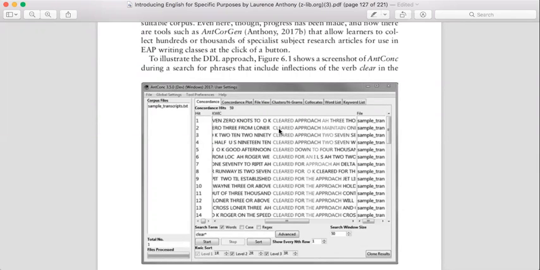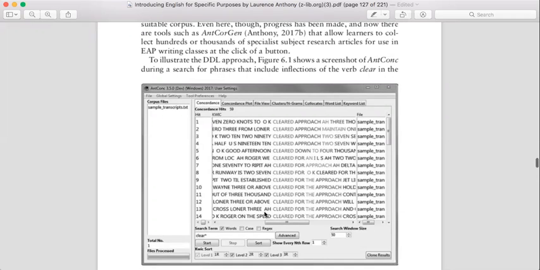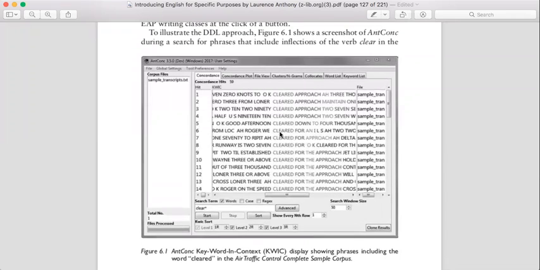So this is the sample taken from air traffic control, and this is their corpus that you have run in NCOC, and this gives you the frequency, the most frequently occurring two words together, okay? 0 knots to, okay, cleared approach, from loner, cleared approach 27, all of these.